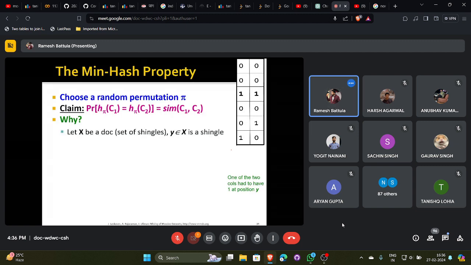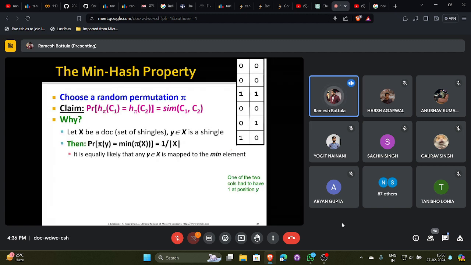Let x be the document, y belongs to x is the shingle, and the probability that pi of y equals min of pi of x is approximately 1 divided by the length of X. With the help of this we find y belonging to x which is mapped to the minimum element.